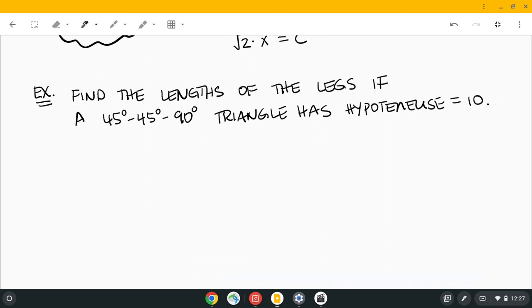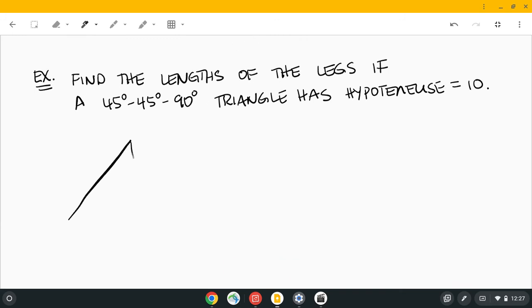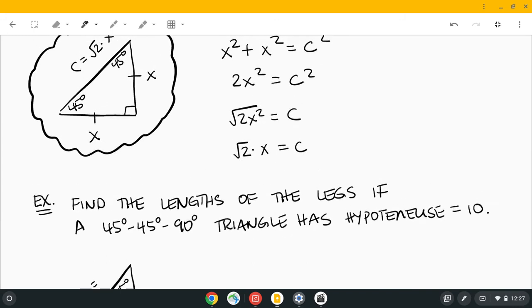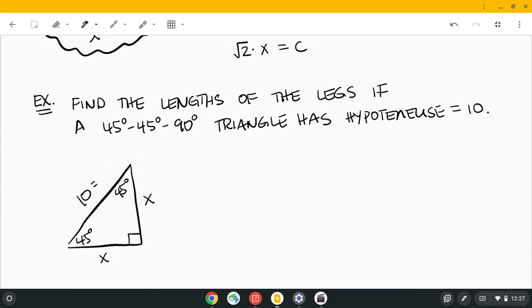All right, so let's draw this. We know this is 45, 45. And we know the hypotenuse is 10. And we know these two are the same. You could use Pythagorean, but it's pretty easy just to use the information here. We know that c is square root 2 times x.